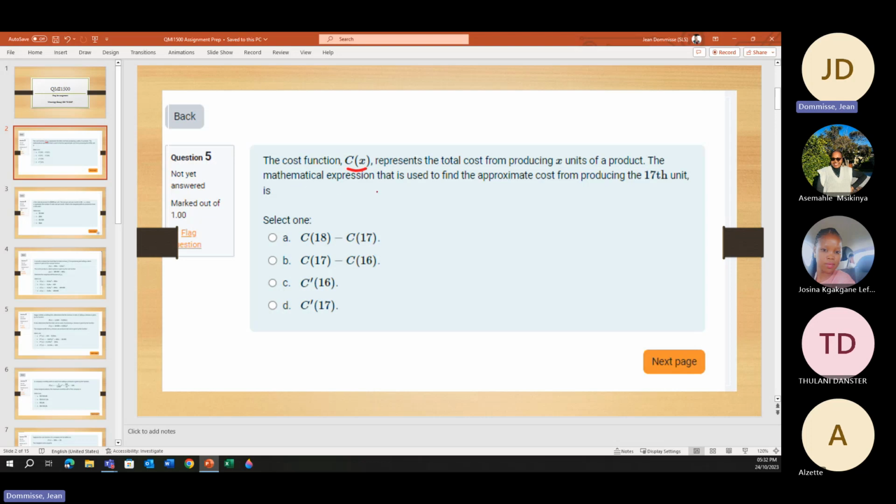The mathematical expression that is used to find the appropriate cost from producing the 17th unit is... What did you say, and what would you say now that some of you have completed this?